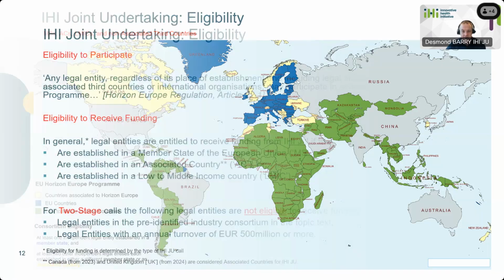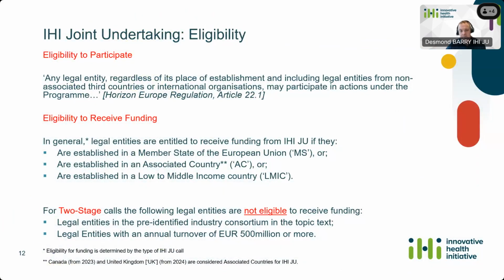So we said that there were a couple of facets of the eligibility for the legal entities that compose the consortia. There's basically two. There's eligibility to participate in the actual consortia, and then there's eligibility to actually receive funding from IHI, which I was talking about a bit on the last slide.